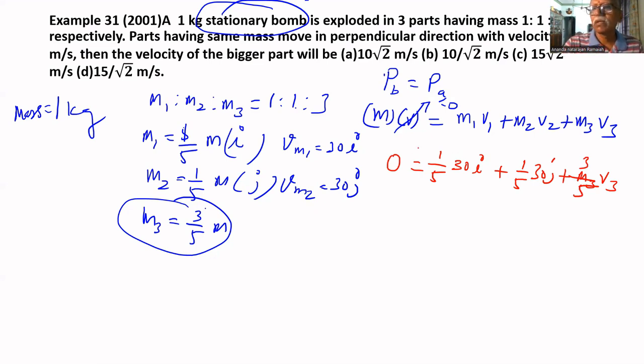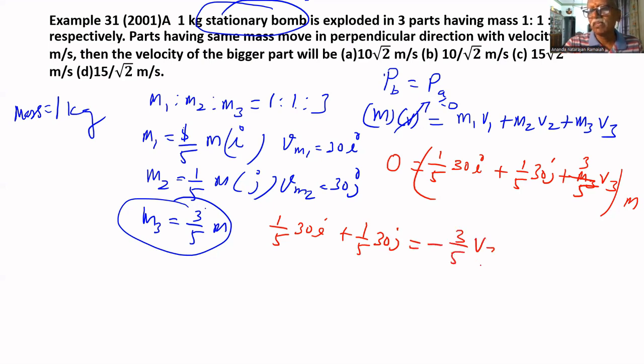In everything, M is there. That's why we can take M outside. That is not equal to 0. Therefore, 1 by 5 30I plus 1 by 5 30J equal to minus 3 by 5 V3. We have to find V3. 5 also getting cancelled.